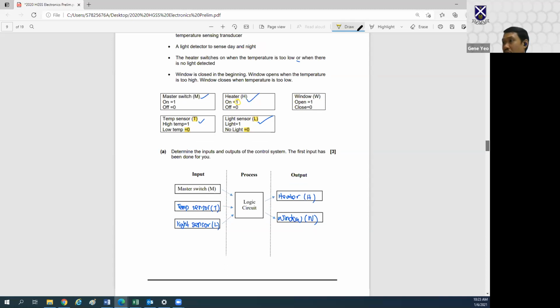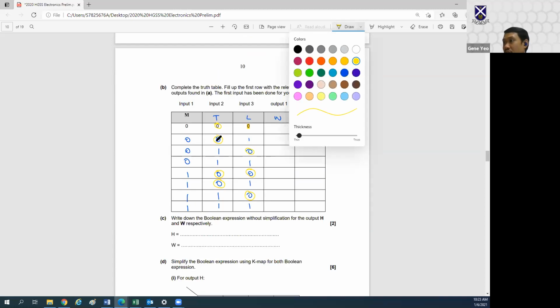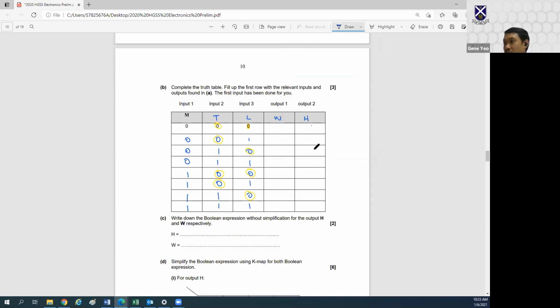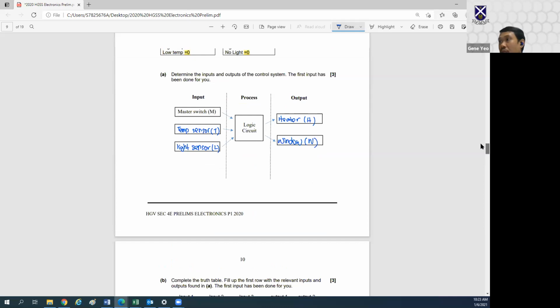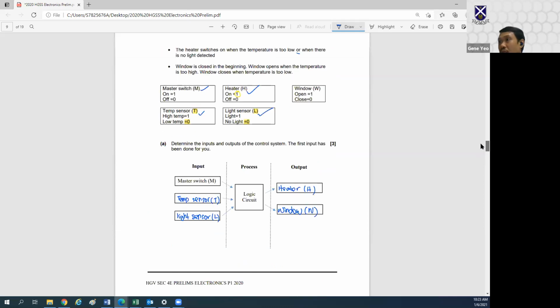So the H1 occurs here, the H1 occurs here, H1 occurs here, 1, 1, 1. Okay, so far?